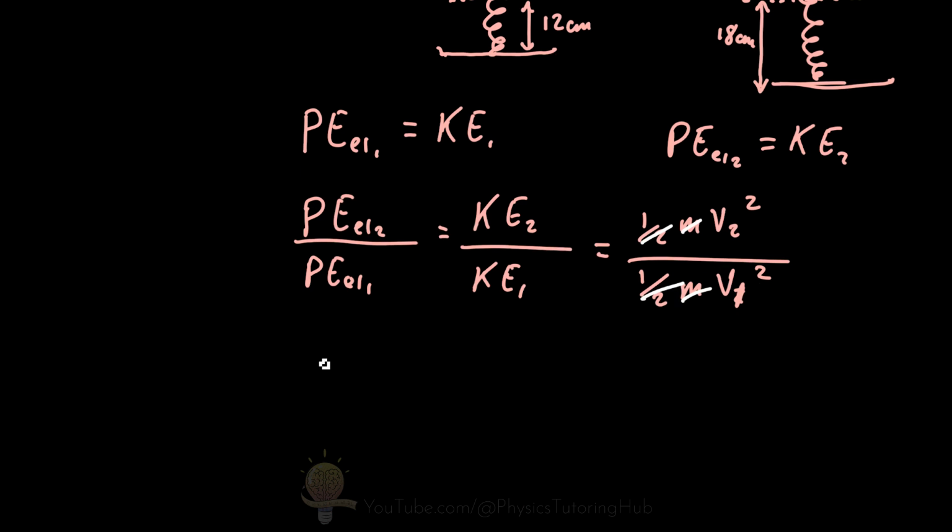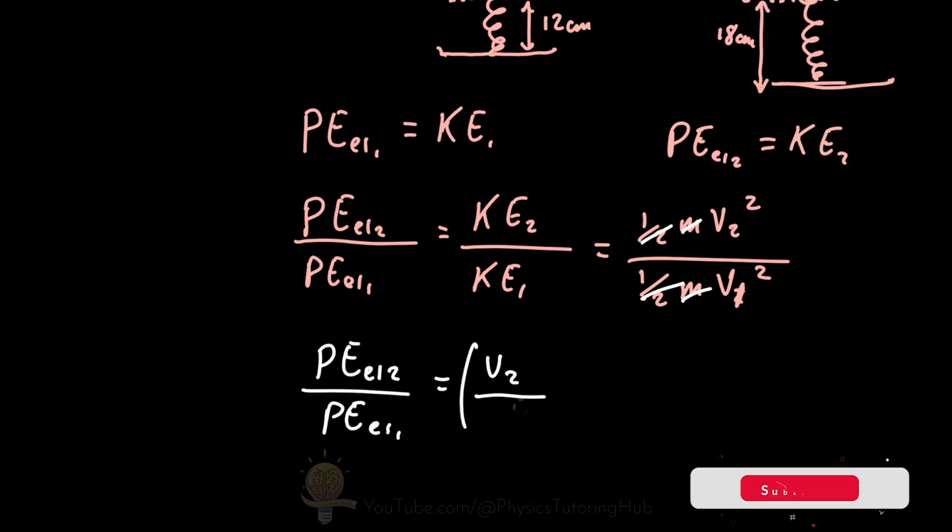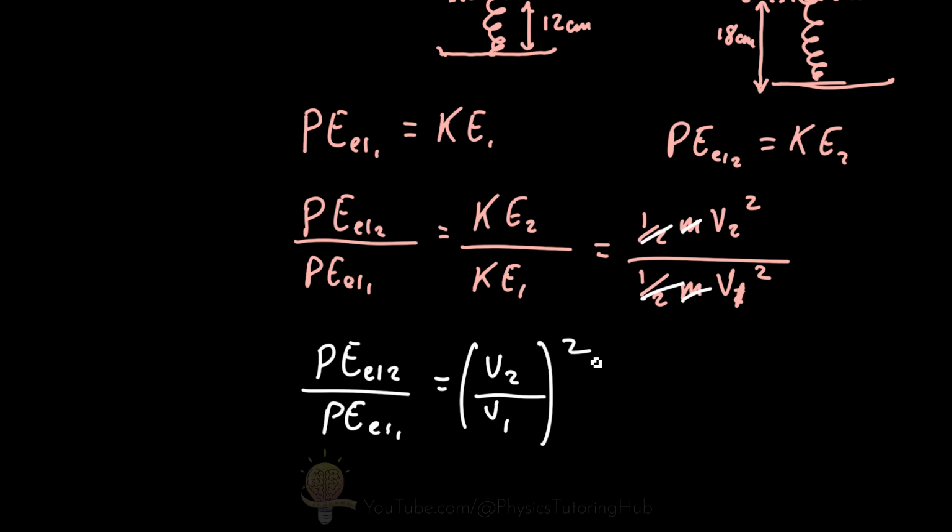And this gives us the ratio between the elastic potential energies is equal to the velocity of the second scenario divided by the velocity in the first scenario, squared. Now, we already worked out the ratio of the potential energy in the last problem, and that was equal to 9/4. We want to work out the ratio of the velocities now.